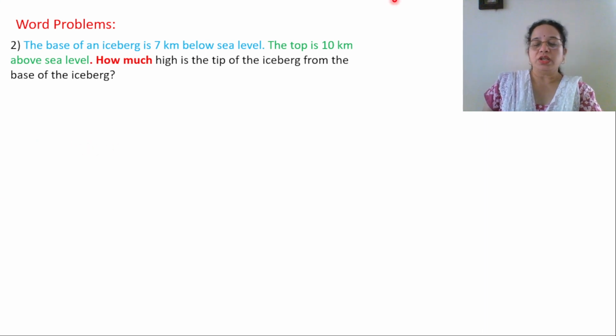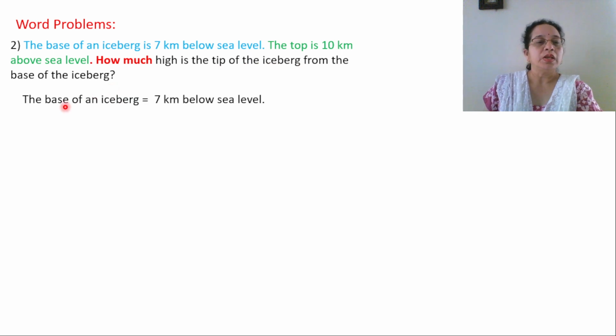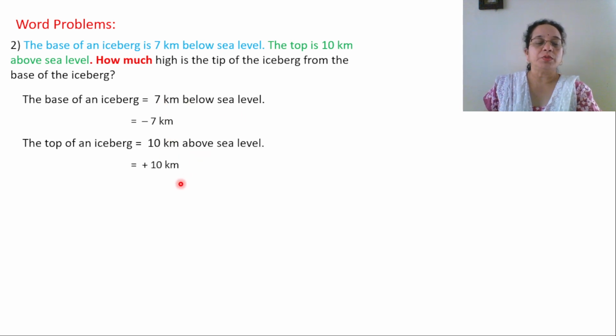Now the same question is asked in a different way. The base of the iceberg is 7 kilometer below the sea level. The top is 10 kilometer above the sea level. How much high is the tip of the iceberg from the base of the iceberg? Base is 7 kilometer below the sea level, below means minus 7. 10 kilometer above means plus 10.